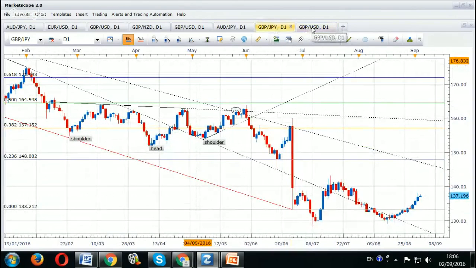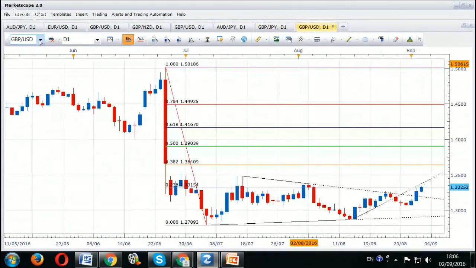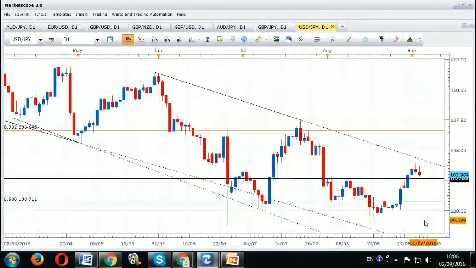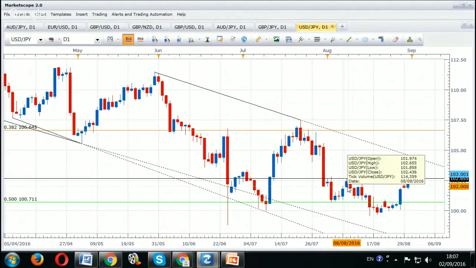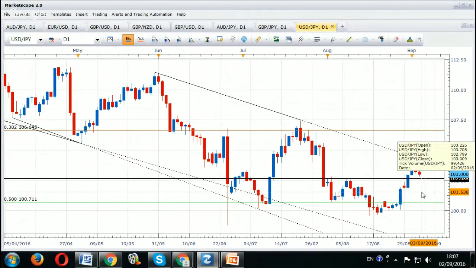And GBP JPY cross, which was one of the major gainers yesterday, is now stalled simply because the gains in British pound have been matched by gains in yen as well. Dollar yen pair, it's losing height, and as long as it's above 102.65, there is every possibility that we would have a rebound.